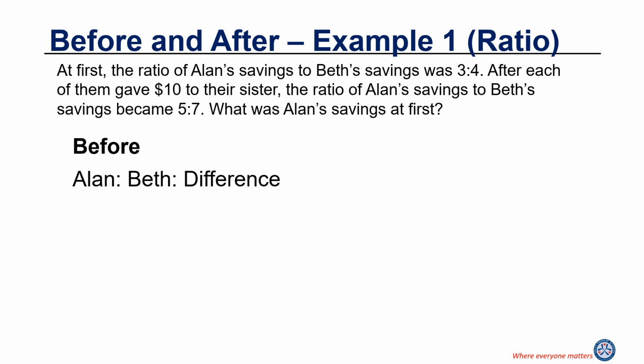This means that Alan had 3 units, Beth had 4 units, and the difference between their savings is 4 units minus 3 units, which is 1 unit. Let's first write down the ratio for the before situation. The ratio of Alan's savings to Beth's savings to the difference between their savings is 3 to 4 to 1.